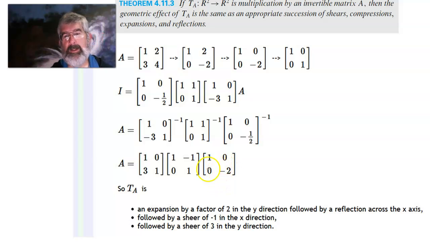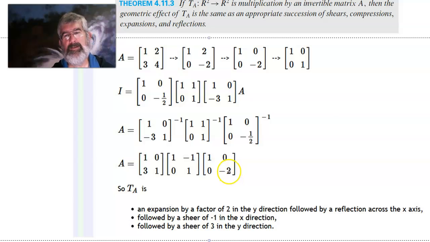And I'm going to read from right to left, because if I multiply A times the vector x, then the x would go over here on the right. So the first thing that gets applied to it is this matrix. Right? So the first thing that happens here is an expansion in the y direction by a factor of 2, followed immediately by a reflection across the x-axis.